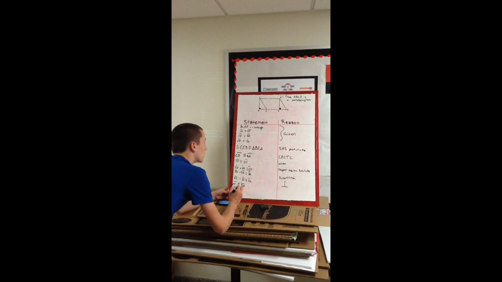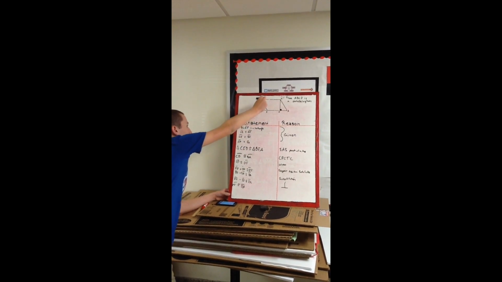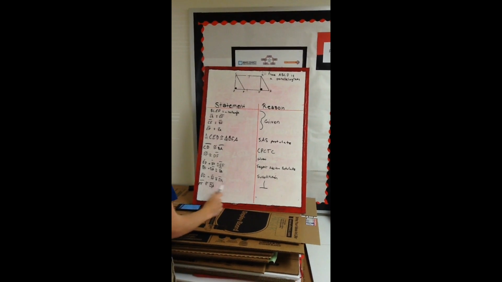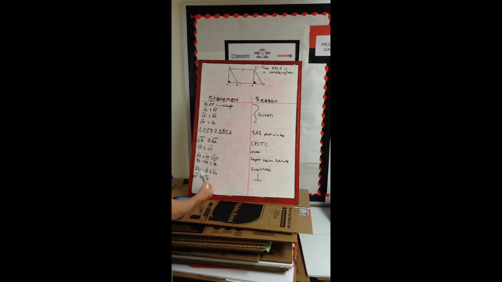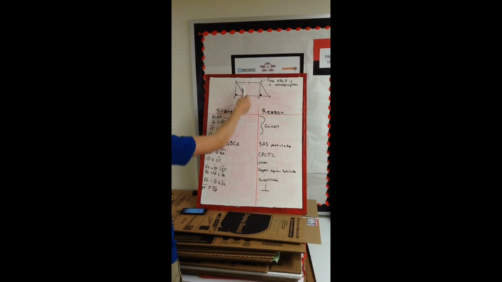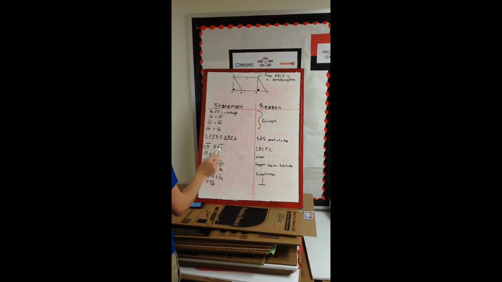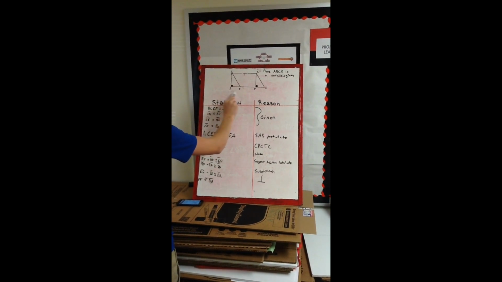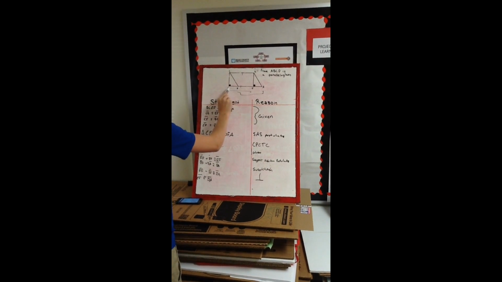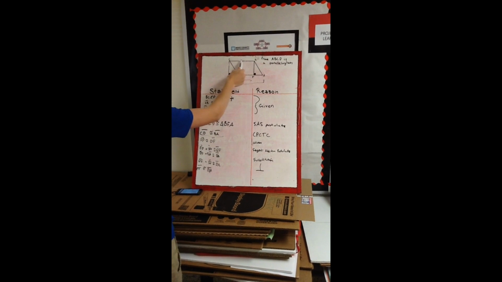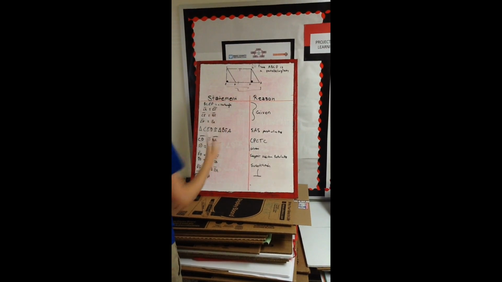So now we have CB. Alright, now we can prove that ABCD is a parallelogram because we have AB and CD are congruent here, and we know that EF is congruent to DA, and then we know that EF is congruent to CB, so we know that CB is congruent to DA.